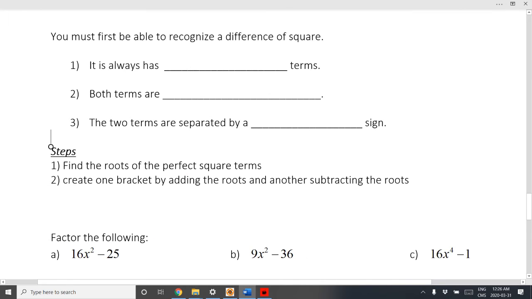So just to summarize, you first have to be able to recognize a difference of squares. So things you're going to look for: it has two terms only. It's a binomial. Both terms are perfect squares, so they're square numbers.